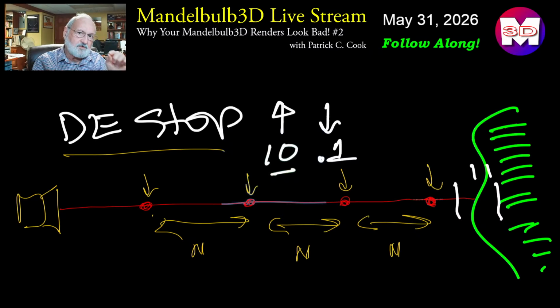So the DE stop is actually a threshold. It's a kind of a sensitivity: when the ray approaches a fractal surface, the DE stop will determine how sensitive or how careful the ray becomes when it approaches the surface.